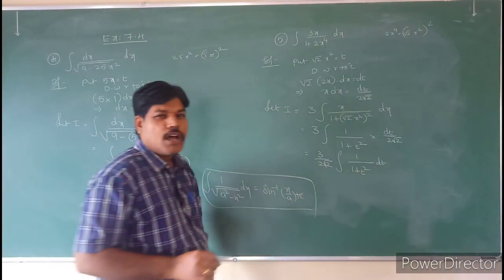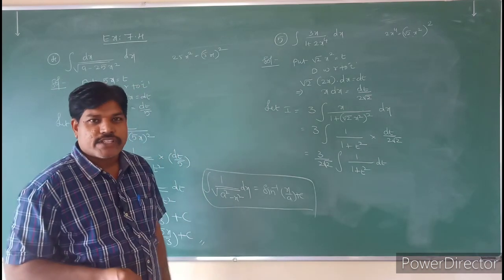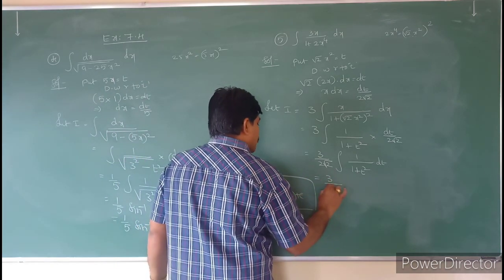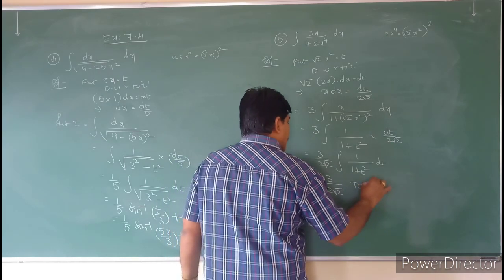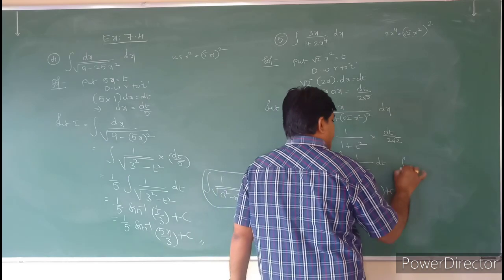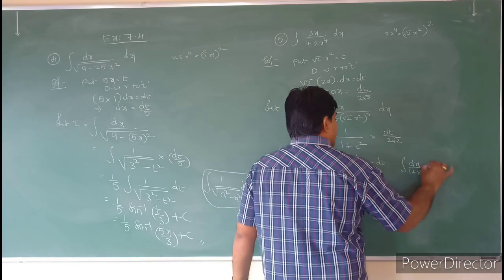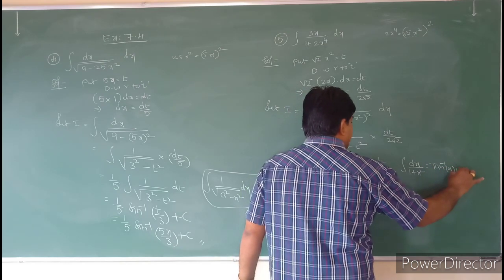So what is the formula? Integral of 1 by 1 plus x square is nothing but tan inverse x. So direct formula is 3 by 2 root 2 into tan inverse t plus c. Anyone have the doubt? Write down the formula. Integral of 1 by 1 plus x square into dx is equal to tan inverse x plus c.